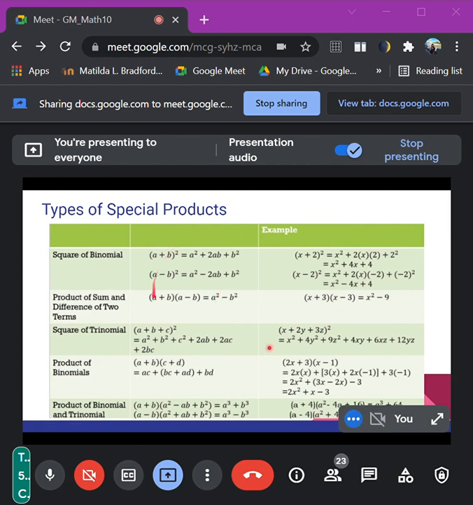So these are their guide para mas dali ninyong ma-identify kung ano yung A, B, and then substitute na lang mo.